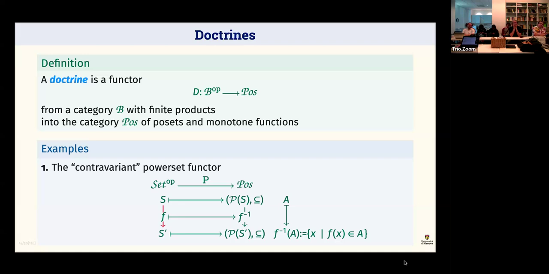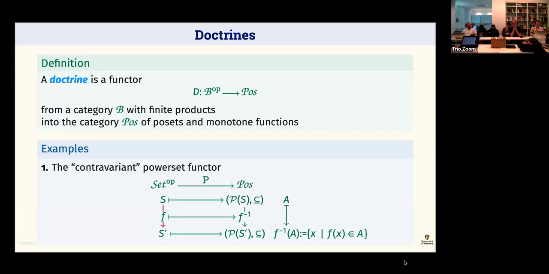It maps a set to the poset of the parts of S, the subsets of S, by inclusion, and it maps a function, again, a function from S prime to S, to inverse image along f. An inverse image is inverse image because it goes in the opposite direction.